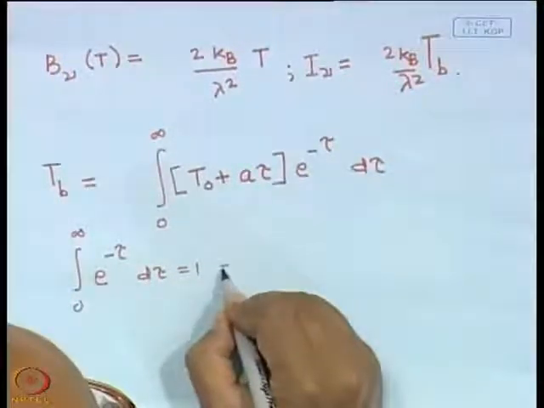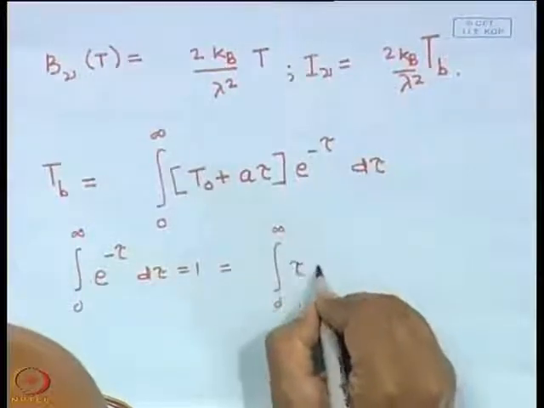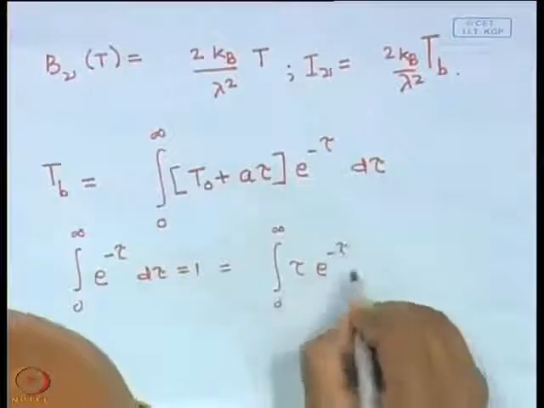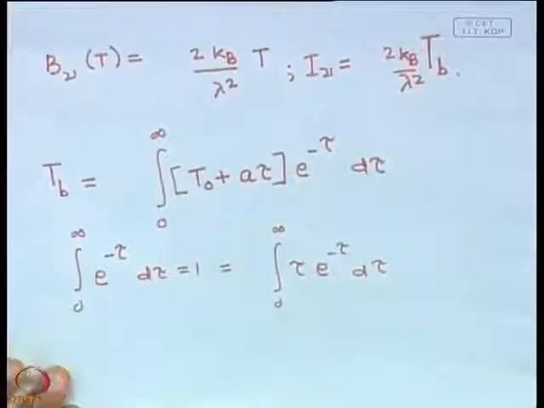And also the integral from 0 to infinity of tau e to the power minus tau d tau. Okay, both of these integrals have value 1.